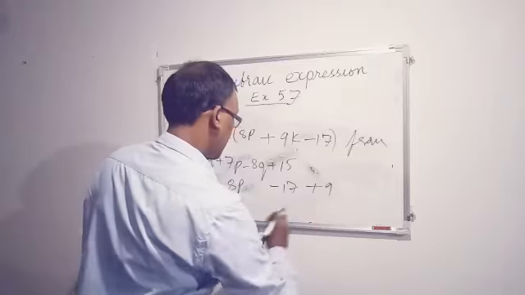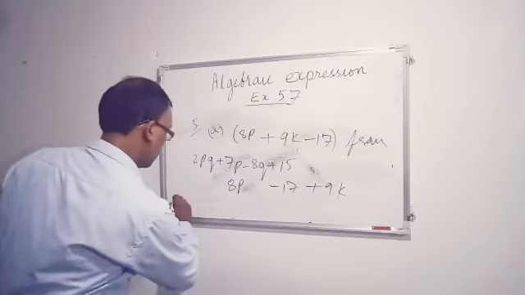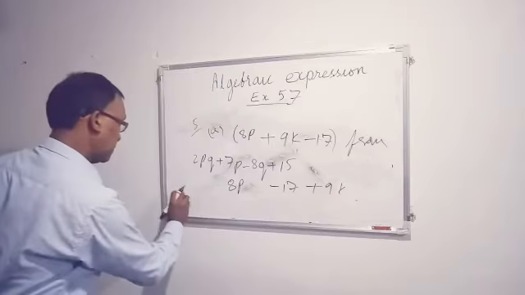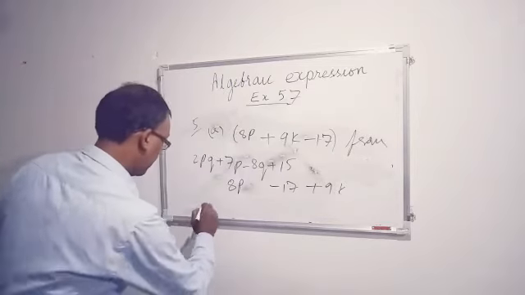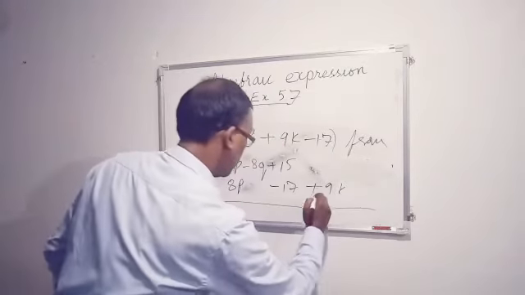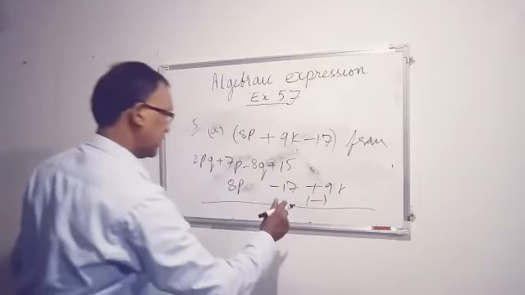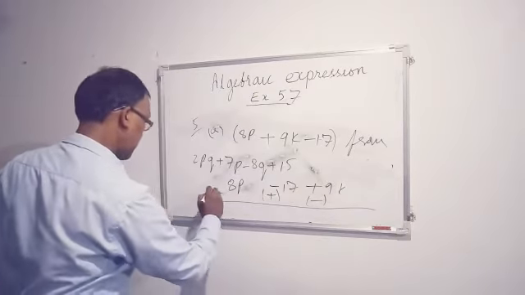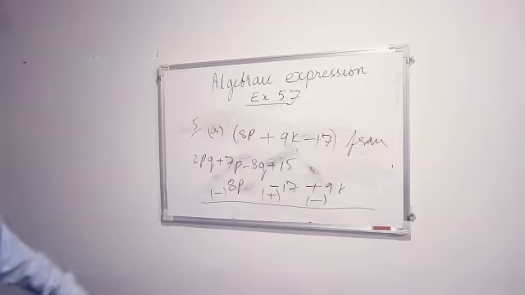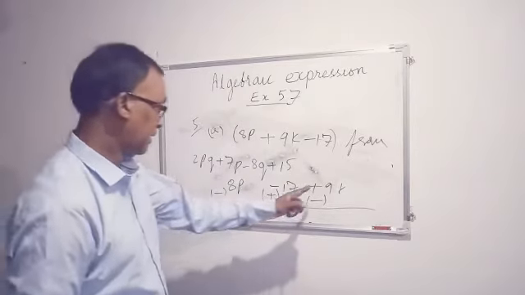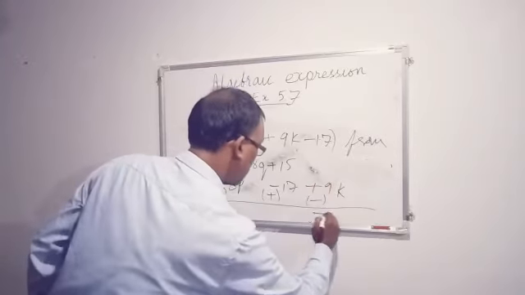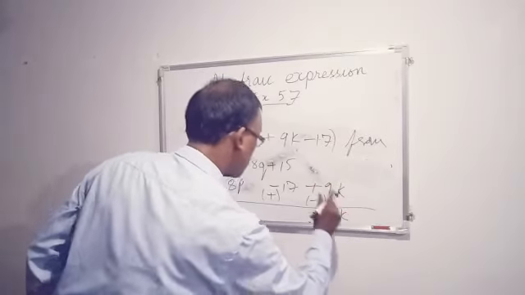9k is here. So now if I want to subtract, before we subtract, we know clearly that the sign will change, no? Here the signs will change. So if I change the sign here, it will be only 9k because no k is here.